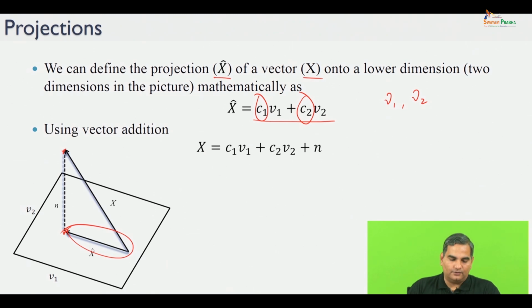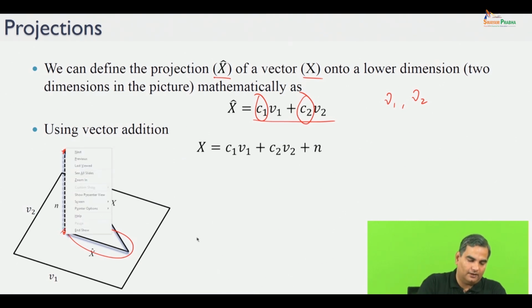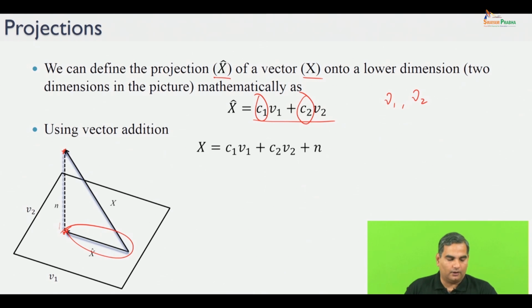So, what we are going to say is that if this is the projection, then the closest point from here would be when I draw a perpendicular or drop a perpendicular onto the plane.